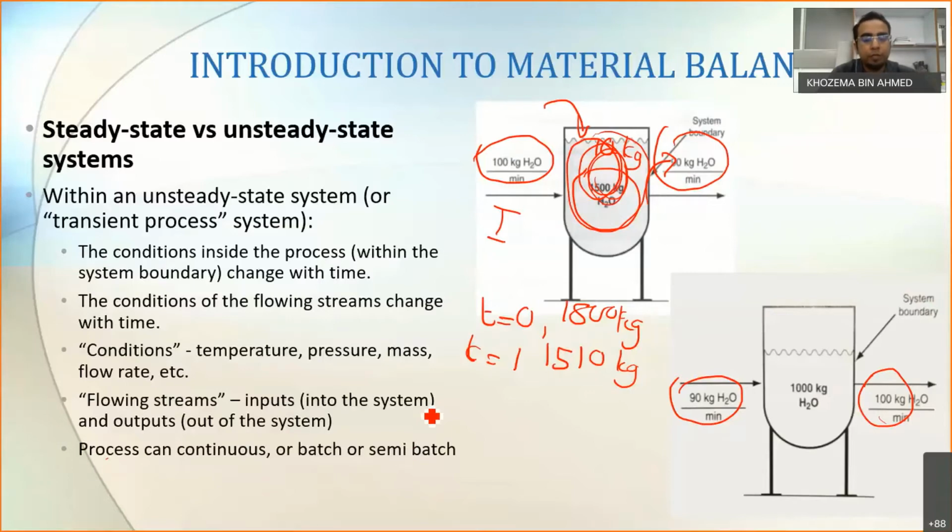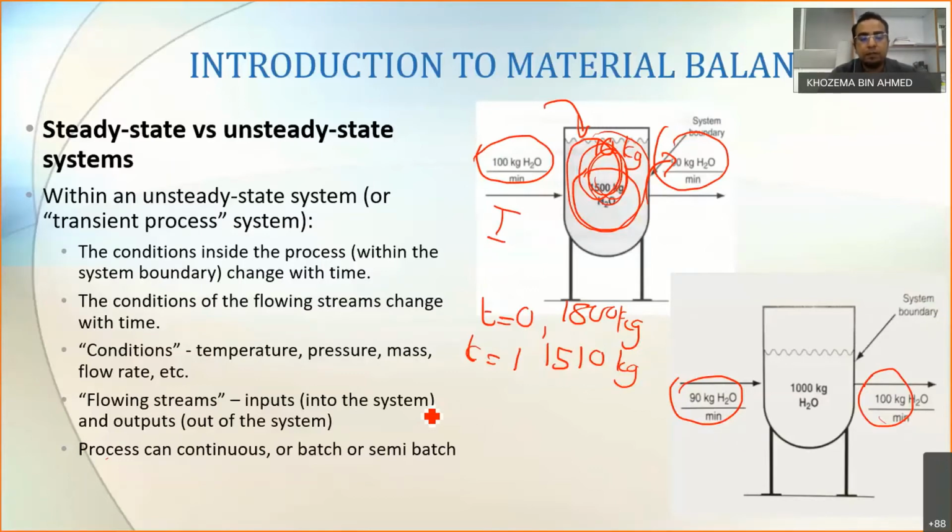So if I were to recap, we have open system and closed system. You need to understand the definition of open system and closed system. You have batch process or system, continuous process or system, and semi-batch process or system. You have to understand the definition of those, and then you have steady state and unsteady state systems.